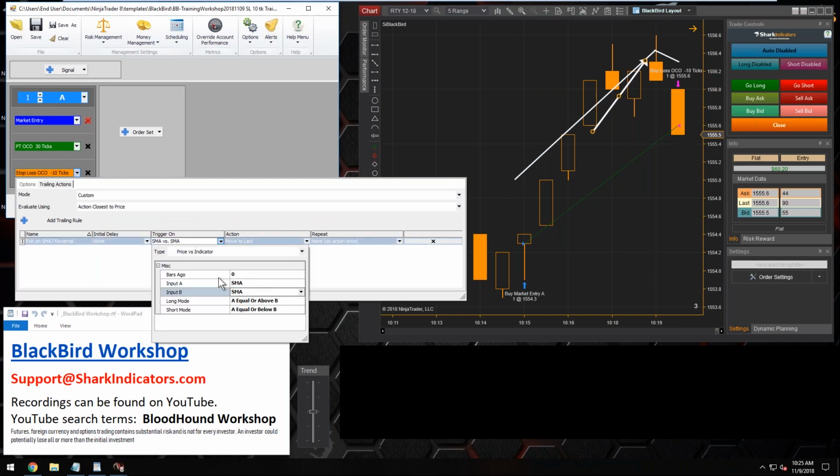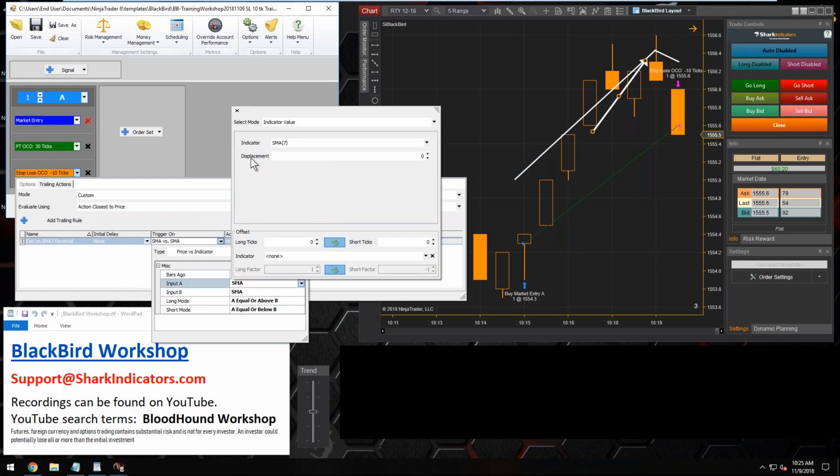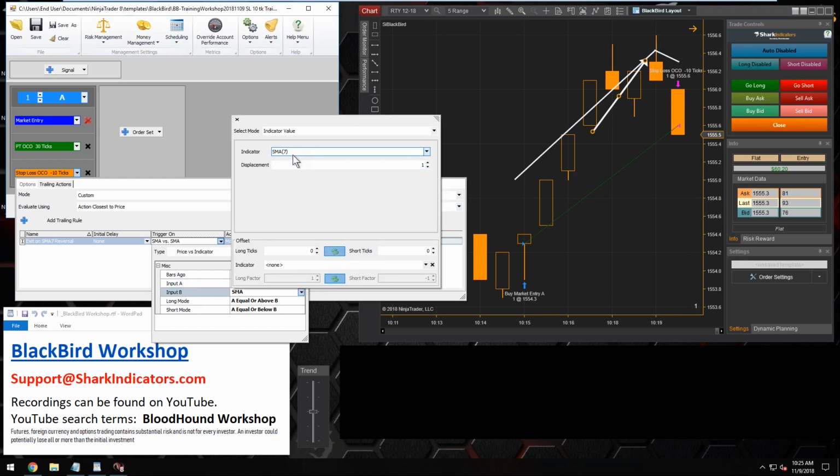So that's what we're doing with the two SMAs. Input A is the SMA of the current closed bar, with a displacement of 0, so that's going to be the current bar here. And then input B is the SMA value of 1 bar back.